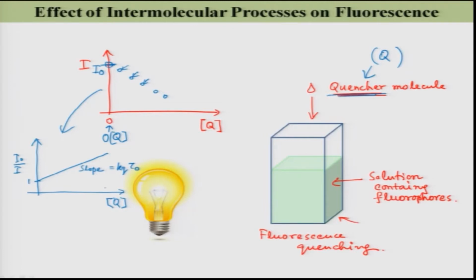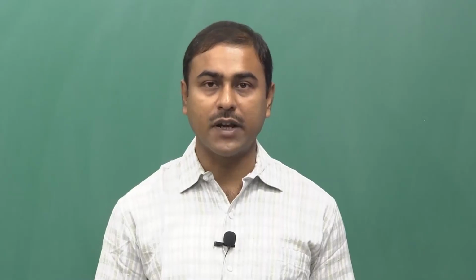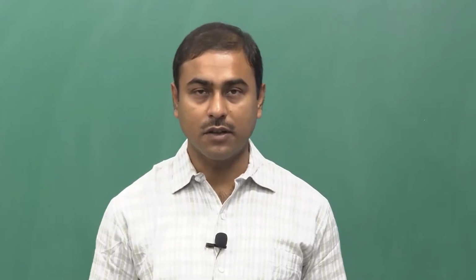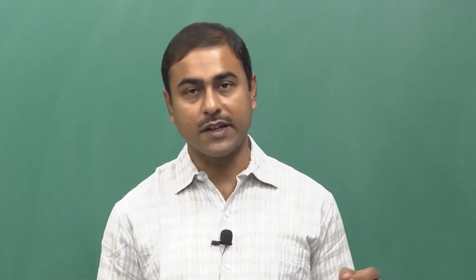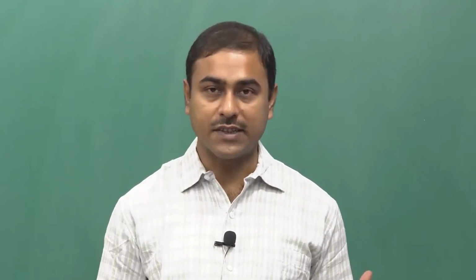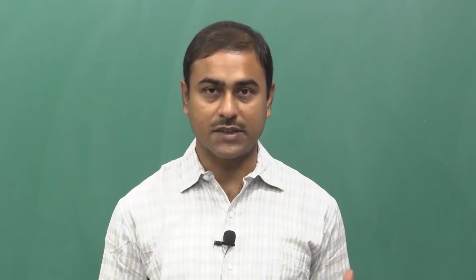This slope is called the Stern-Volmer quenching constant, which has some significance that we can discuss later, but this is the whole phenomenon of fluorescence quenching. I am going to add some molecule which is referred to as the quencher. Quencher means it quenches something, that is the fluorescence. By addition of those outside molecules to a solution of fluorophore, which is giving fluorescence emission from the sample, the fluorescence intensity is quenched.